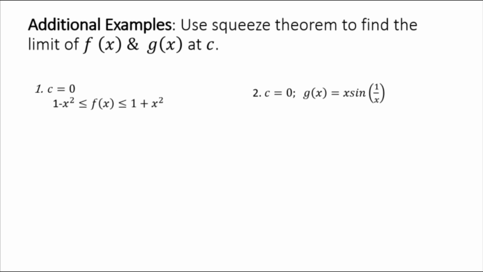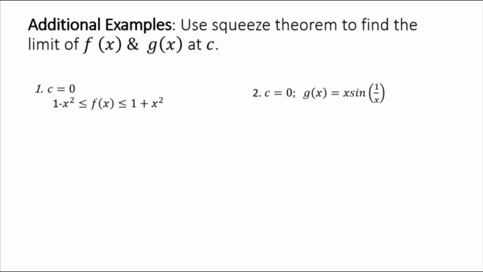Additional examples: use the Squeeze Theorem to find the limit of f of x at c. F of x and g of x, by the way. In number 1, we have a function f of x of which we need to find the limit at 0.